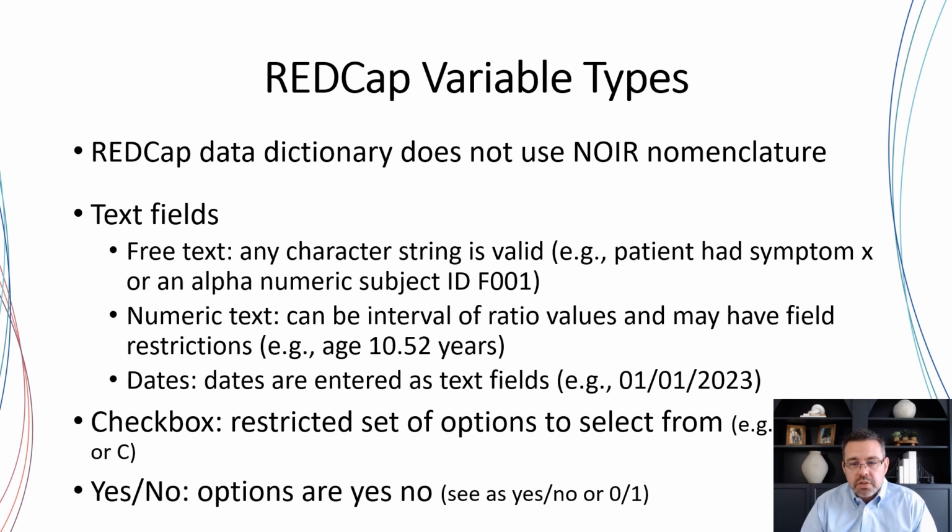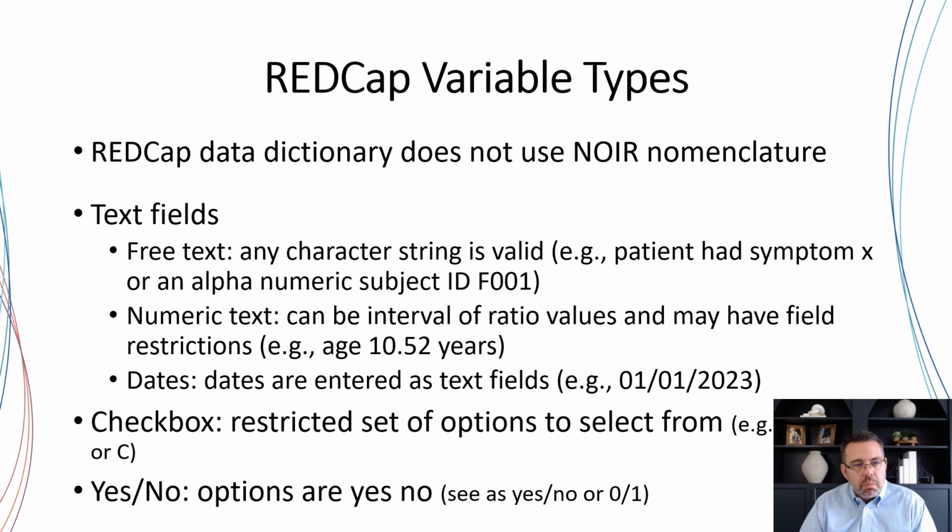So for instance, in the database, what we might actually see for an open free text field is a person could go in and type, patient had symptom X, or you could enter an alphanumeric subject ID, for instance, using a free text field, where you could have something like F001 entered as free text. And you can also put constraints on that as well.